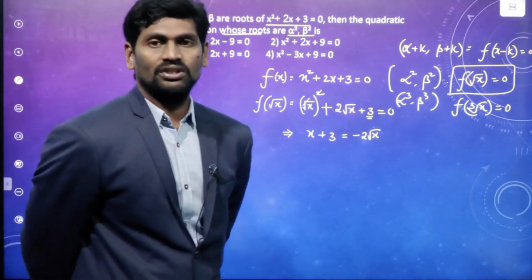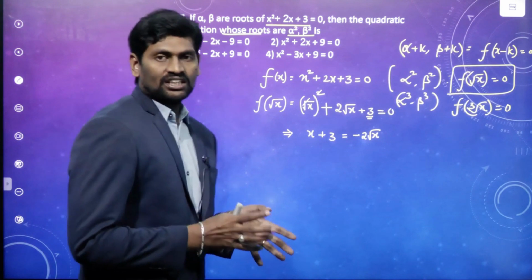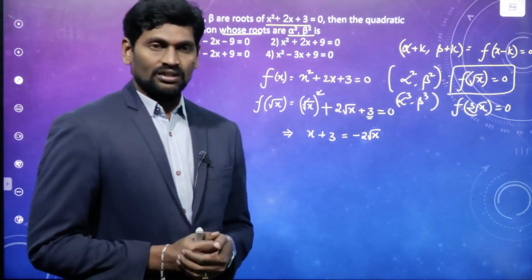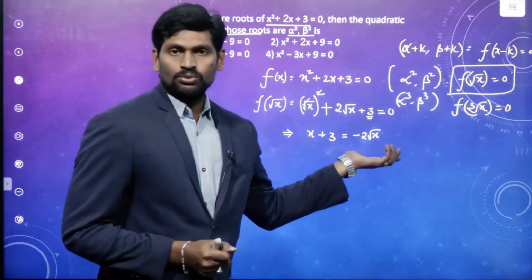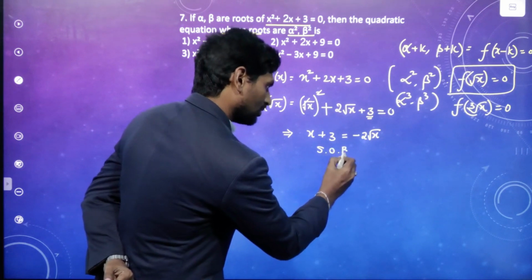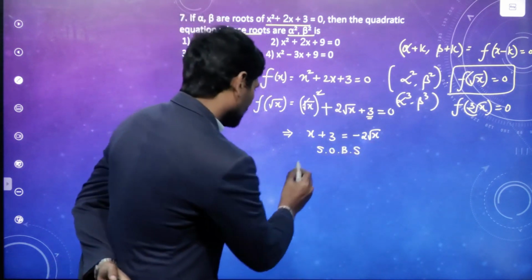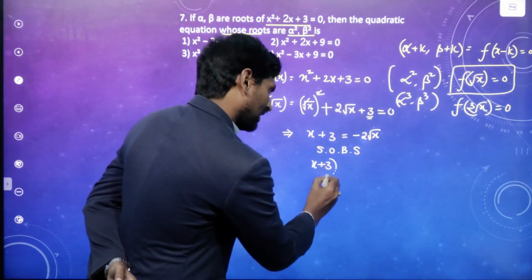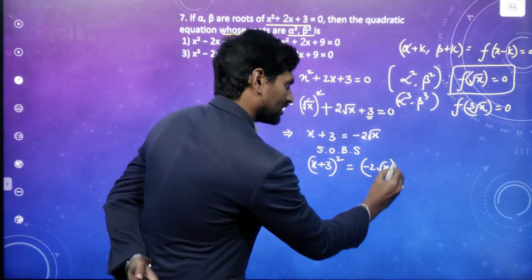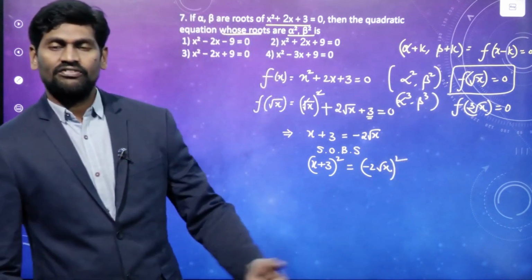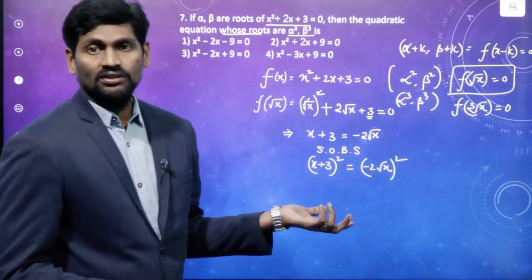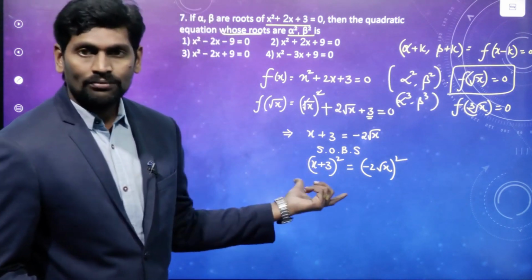But we need a quadratic equation in the form of ax square plus bx plus c equals to 0, and here there is no x square term. So squaring on both sides, x plus 3 whole square equal to minus 2 root x whole square. Now just identify, x plus 3 whole square is in which form?